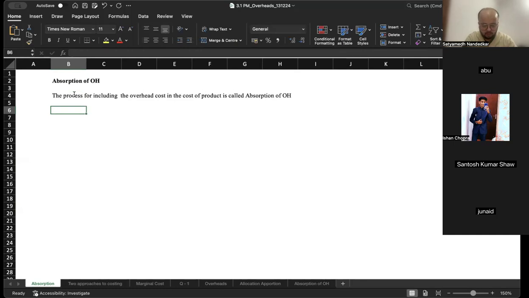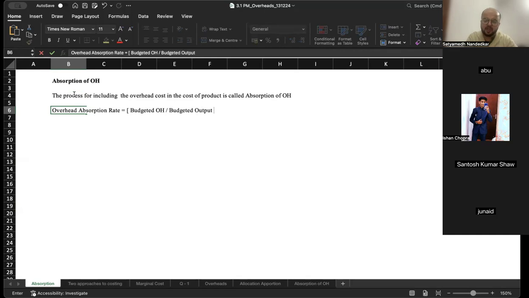And overhead absorption rate is basically budgeted overheads upon budgeted output. Today we'll understand that this formula also can be tweaked to apply to a specific circumstance.